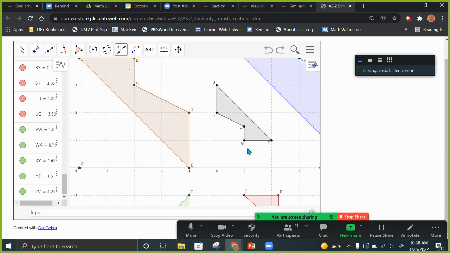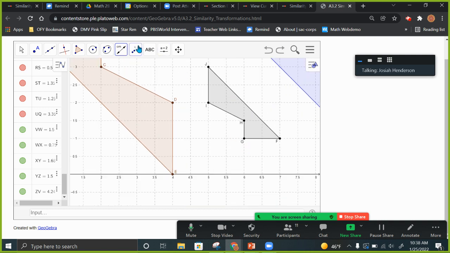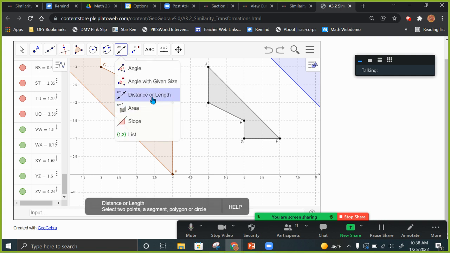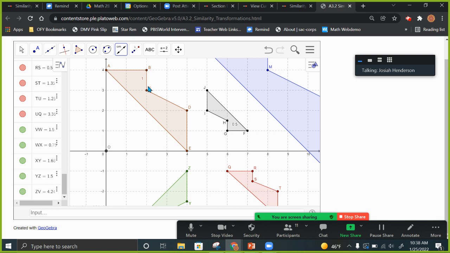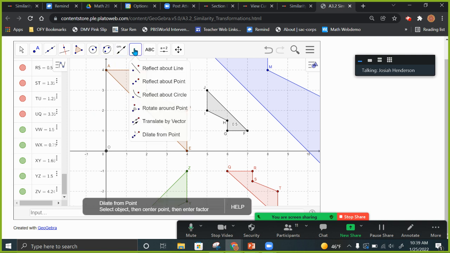So let's zoom this in and then measure HG. Okay, so now we see BC is 1, HG is a half. So that means we've multiplied by a half. We've gone down from 1 to 0.5. So our scale factor looks like it's 0.5 itself. It's 1 over 2. So now we can do the dilation.